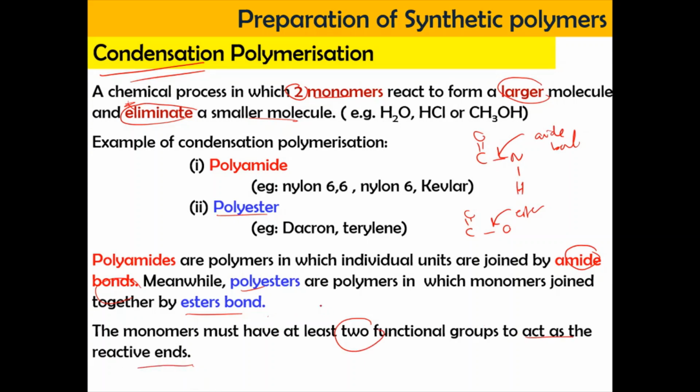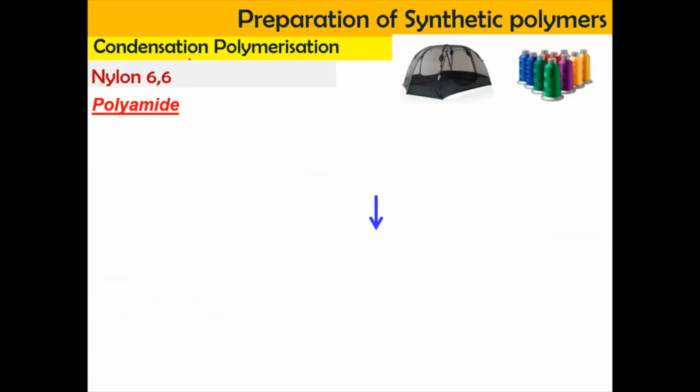Okay, now we're going to look into the explanation on how we can make the polyamide. So for condensation polymerization, in order to produce nylon 66, which is a polyamide structure, what we're going to produce is the amide bond.